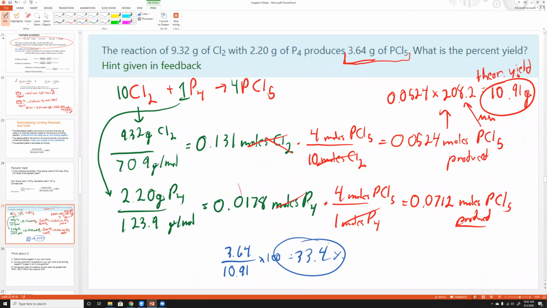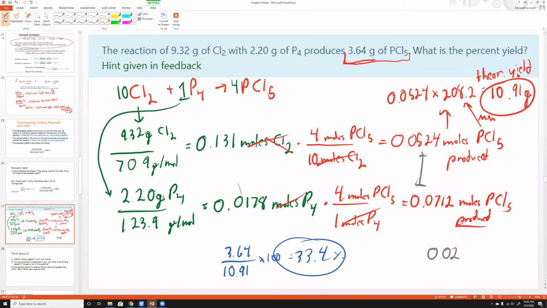The question would be maybe this for part A, and then part B would be how much of the P4, which is not the limiting reactant, is left over? So here's the way you would do it. The stoichiometry is cool that you can go backwards and forwards like this. You can subtract these two, right? If you subtract those two, you'll get 0.02.